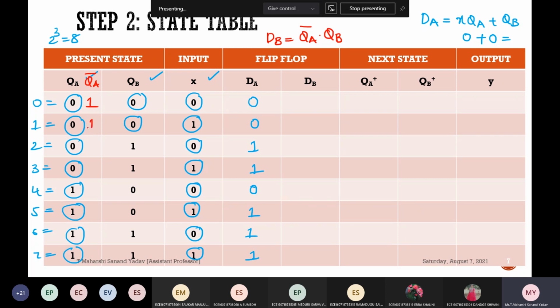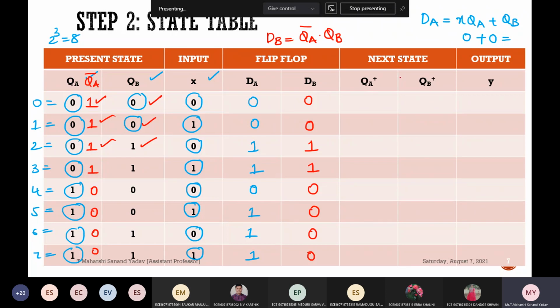So here these are the complements. Now simply try to multiply this 1 with 0 and tell me the answer. 1 into 0 is 0. 0 0 1 1 0 0 1 1. 0 0 0 0. Right. So we are done with dA and dB.